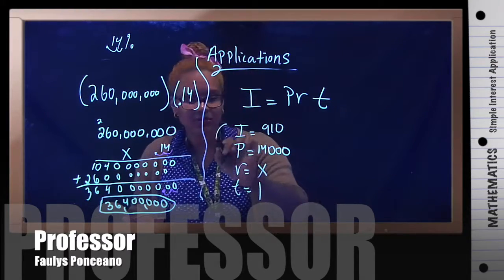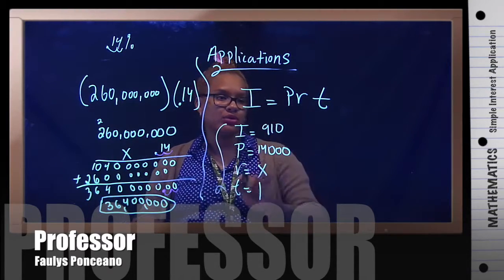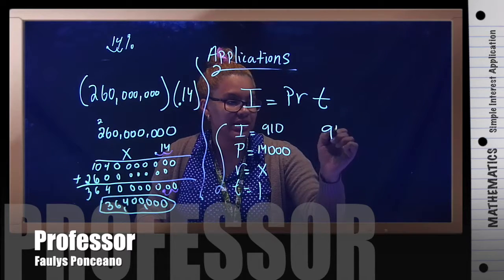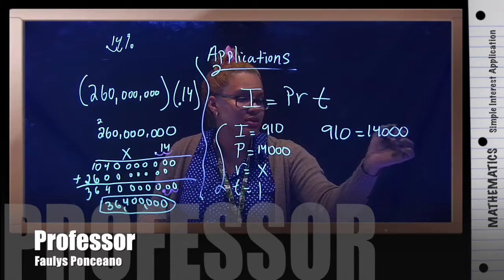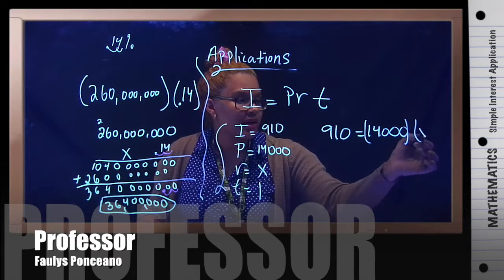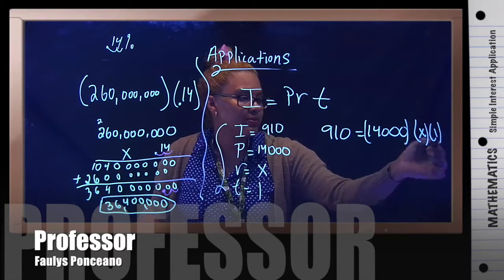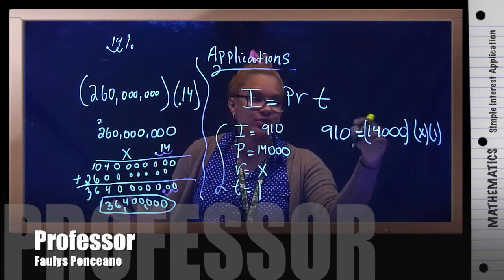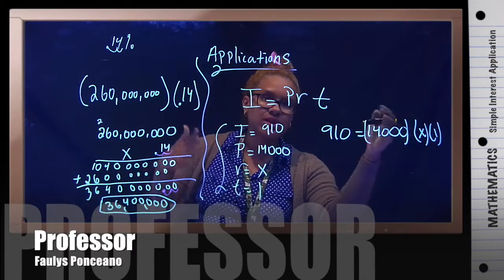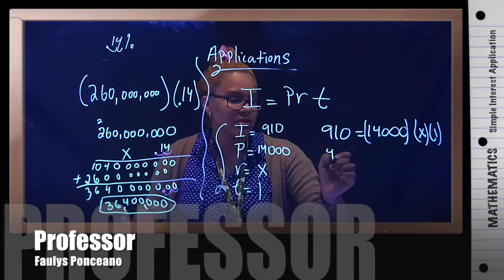So now we take the information and plug it into our formula. So we have 910 equals 14,000 times, I don't know, times 1. Okay, 14,000 times x is x. 14,000x times 1, 14,000x. Okay?